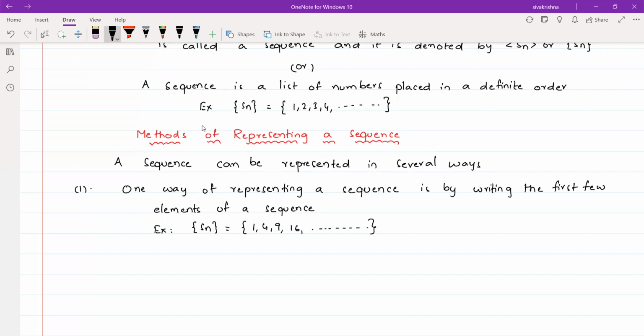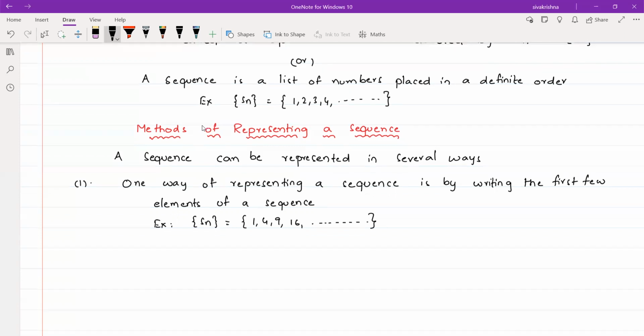So here also we say that this is a sequence of list of numbers with some definite order. And that order is nothing but the squares of the natural numbers. The numbers in the sequence are the squares of the natural numbers: 1 square, 2 square, 3 square, 4 square, 5 square, and so on. So those numbers are in this sequence. Okay. So this is one way of representing a sequence.